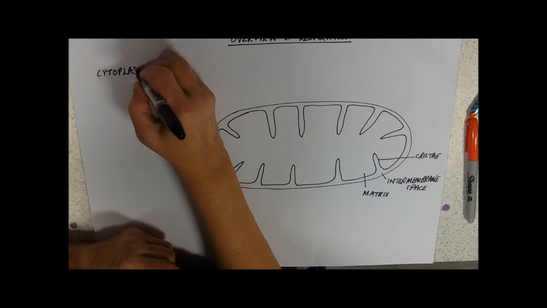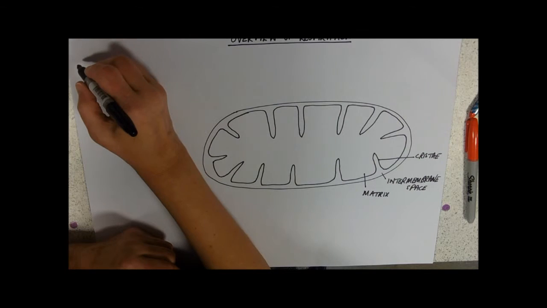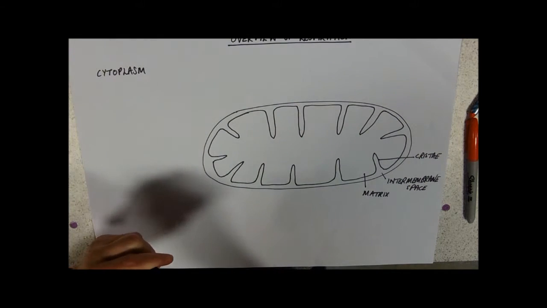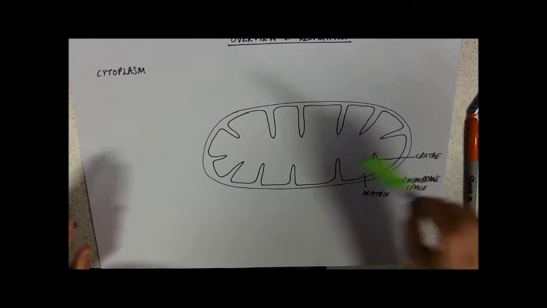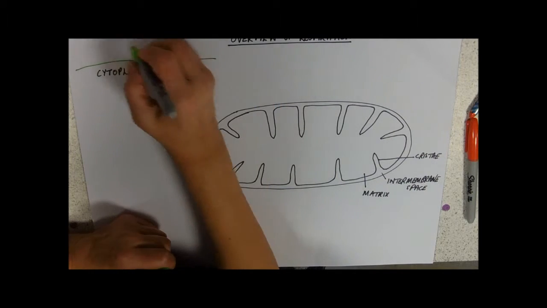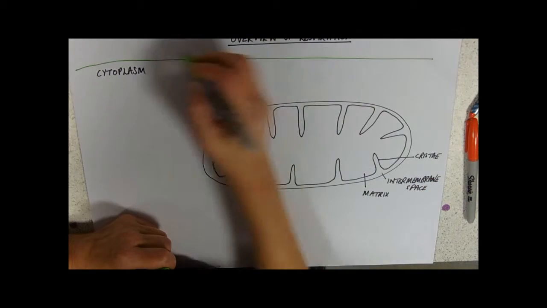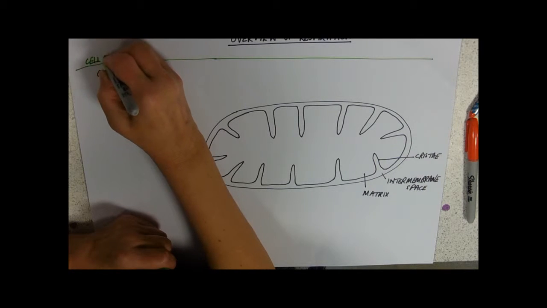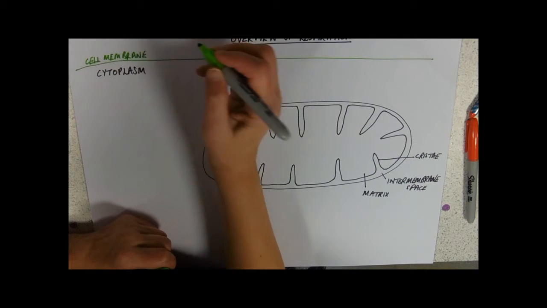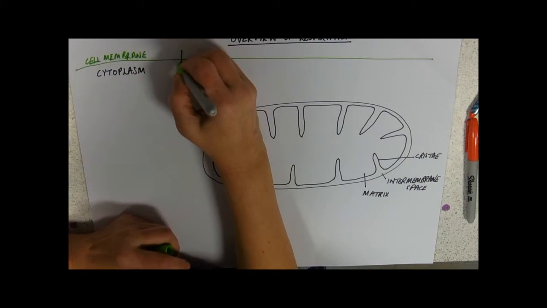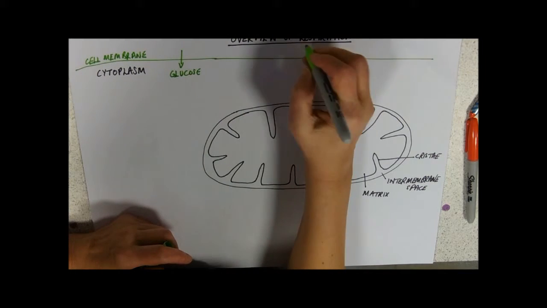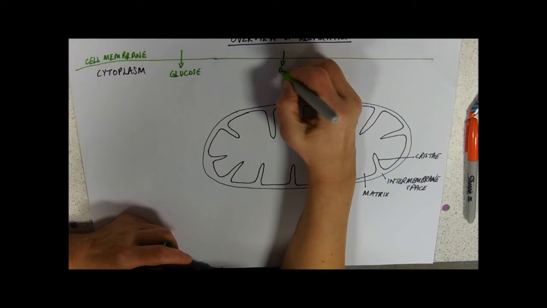And remember that outside we've got the cytoplasm, and outside of that, separating it from the cell contents, we've got our cell membrane. And this is going to be the place where our glucose is entering, and of course our oxygen is entering.